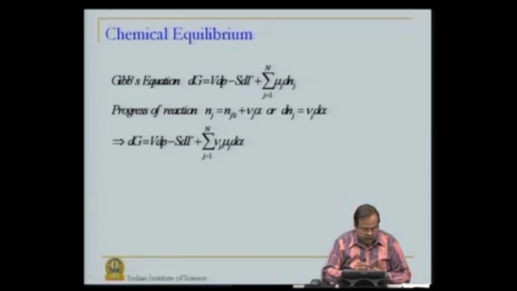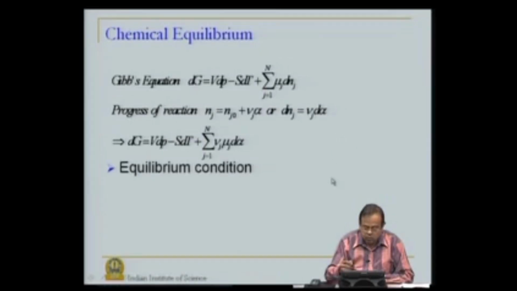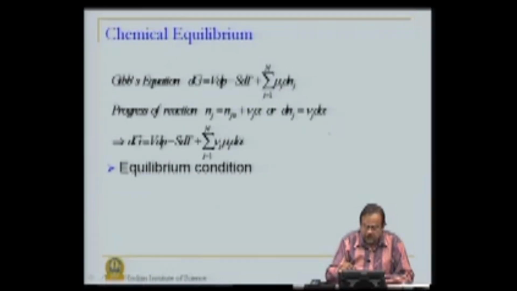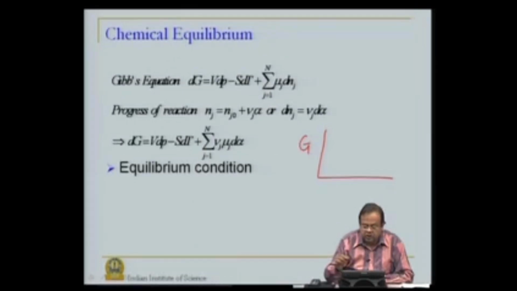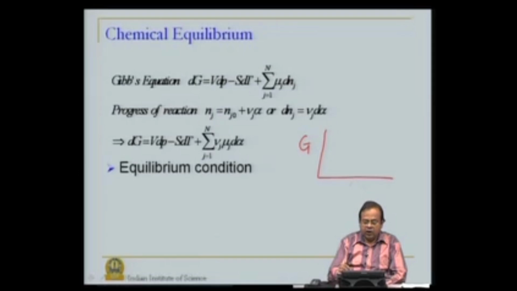Now, what happens when the reaction proceeds? Let us say we have some measure of how the free energy changes as the reaction proceeds. Recall that we said as entropy increases, the free energy of the system decreases. So, let us say on the y axis we have some measure of free energy, and on the x axis the extent of reaction.